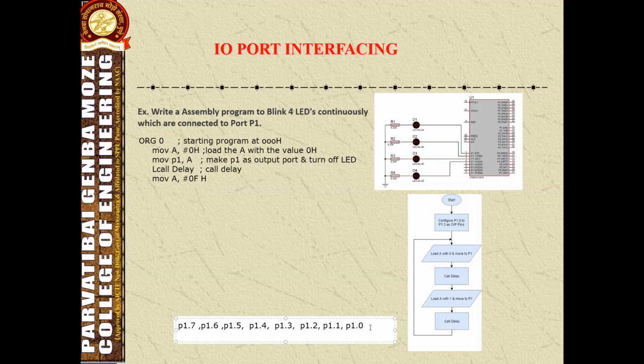What we are doing here is loading A with the 0F value. After loading the 0F value, how will our LED glow? See here, we have connected 4 LEDs, 1, 2, 3, 4.